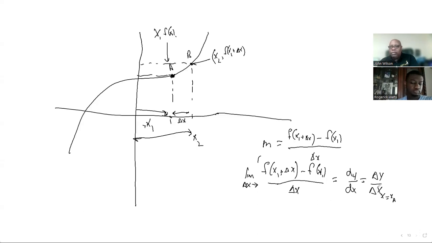It's the change in y over the change in x. Look at all this terminology. Let me write it out clean for you.